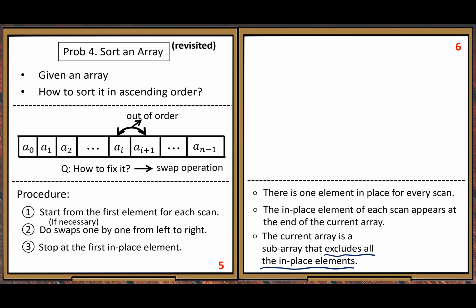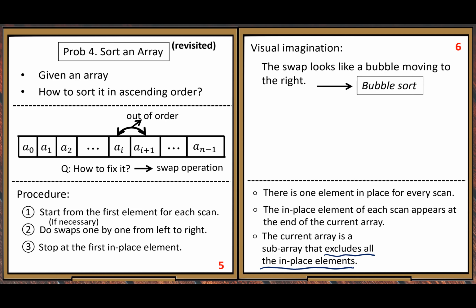After the discussion, now we can get a visual imagination. The swap looks like a bubble moving to the right, moving bubbles from left to right. That's why people call it bubble sort. That's why at the beginning I mentioned you learned this before in CS2250, because bubble sort appears in CS2250.